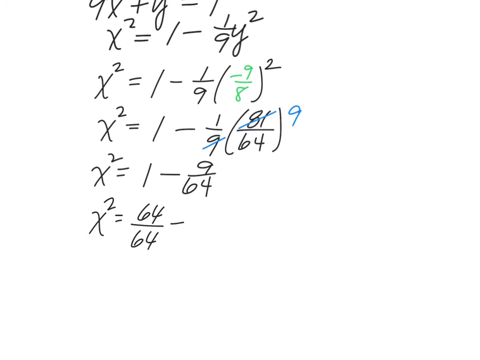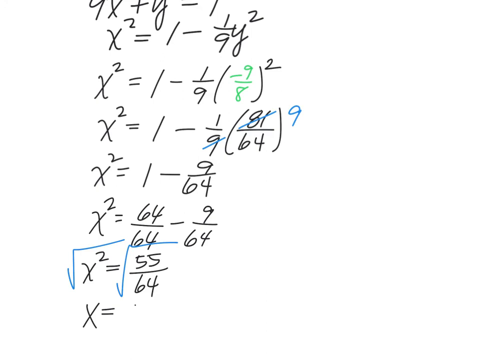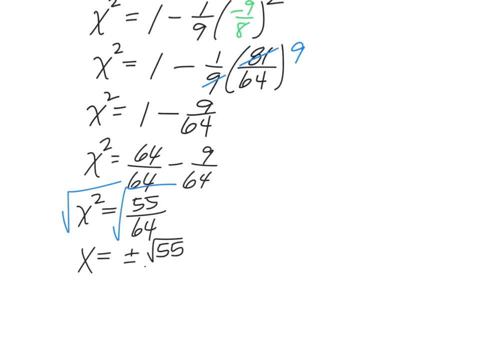So this would be 64 over 64 minus 9 over 64. Getting a common denominator leaves me with x squared is equal to 55 over 64. And then we will square root both sides, and we end up with x is equal to plus or minus the square root of 55 divided by the square root of 64, which I'm going to simplify to be 8.